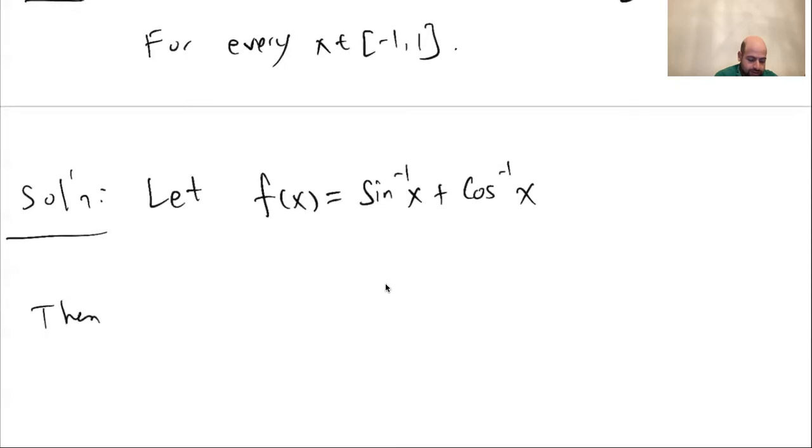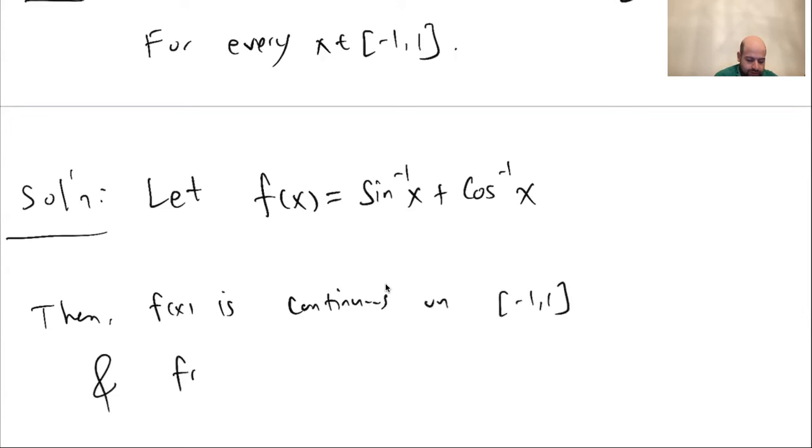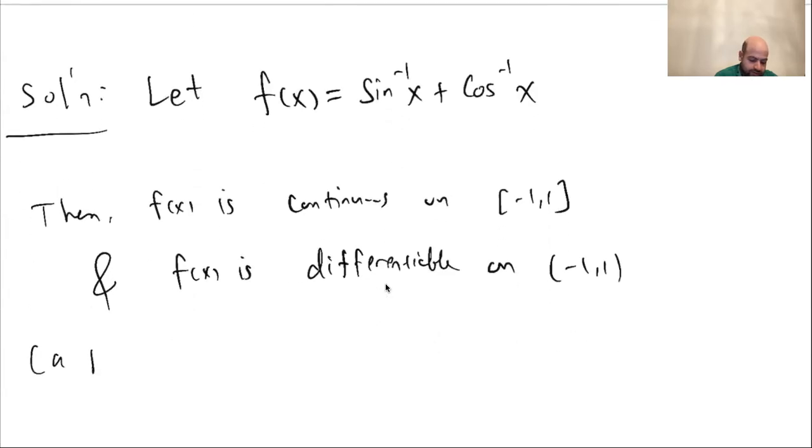Then F of X is, first of all, continuous on minus 1 to 1, and F of X is differentiable on minus 1 to 1, a property of inverse trig functions.